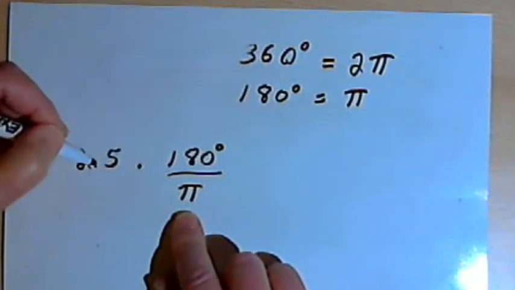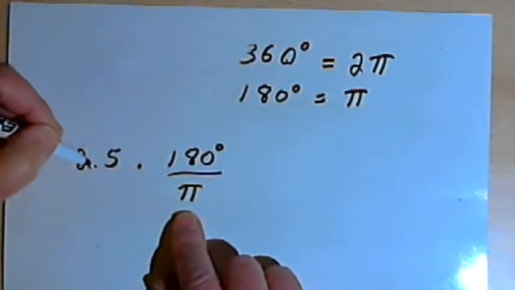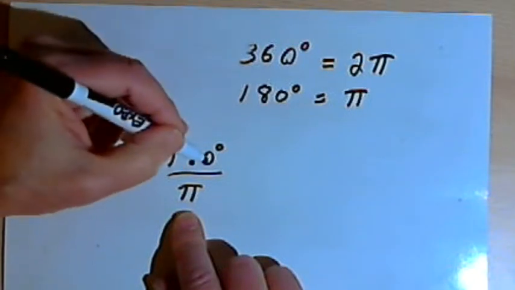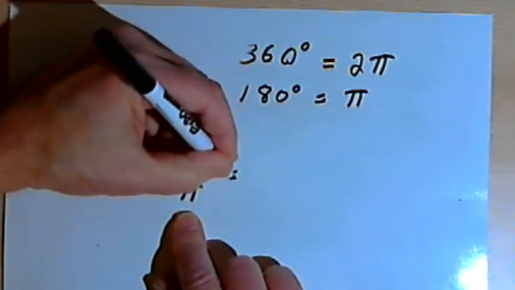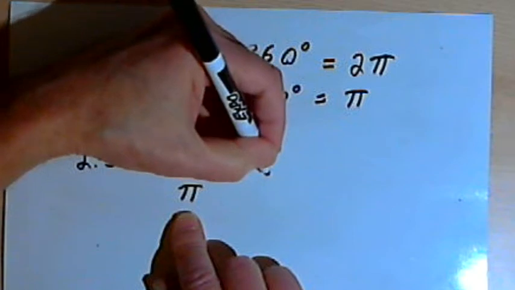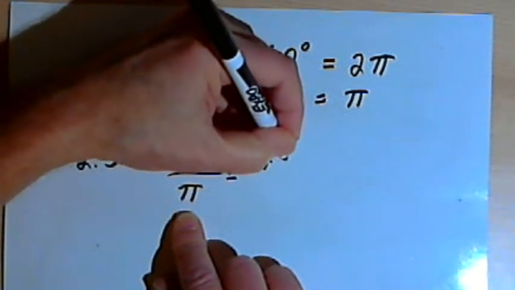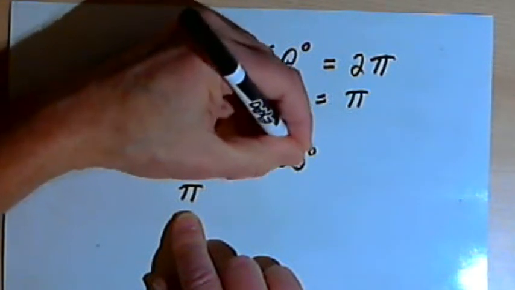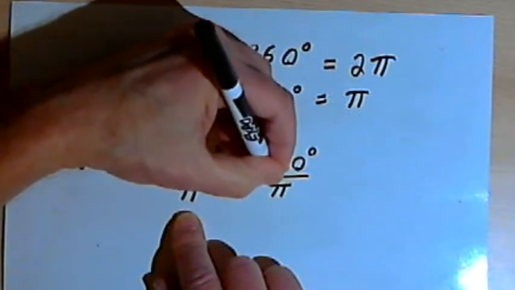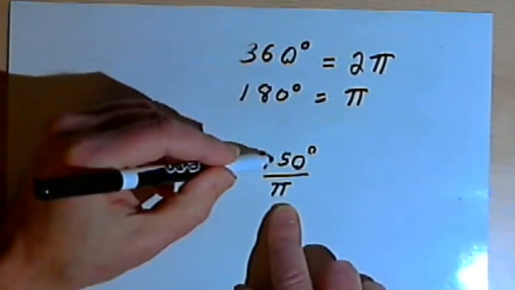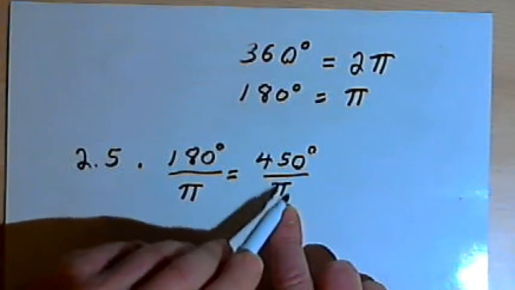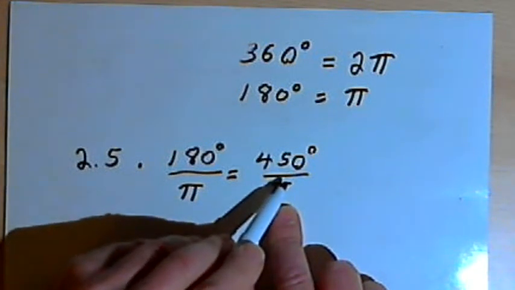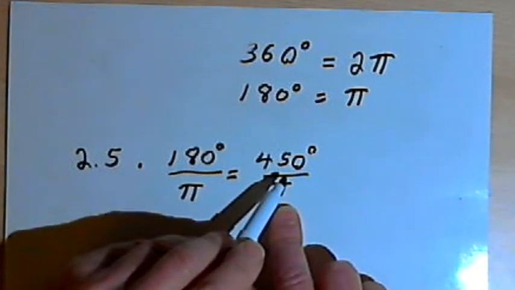There's not much I can do in terms of simplifying this, so I'll just multiply across 2.5 times 180 degrees. That's going to give me 450 degrees divided by pi, and then I'll put this into a calculator and find what the decimal number is that this equals. And that once again will be a degree measure.